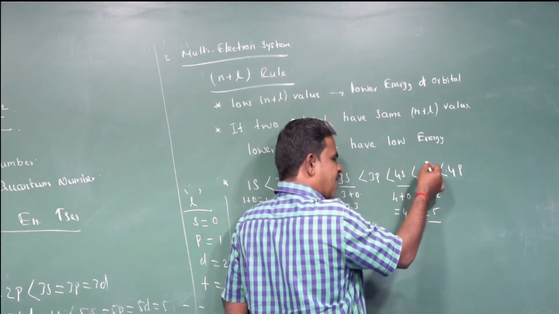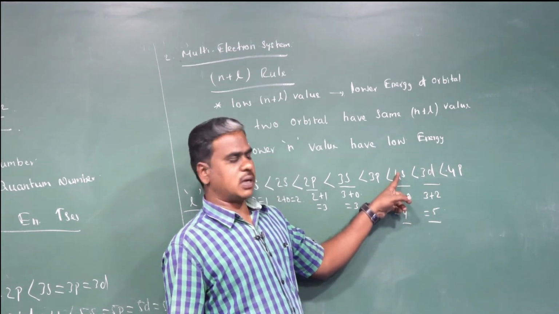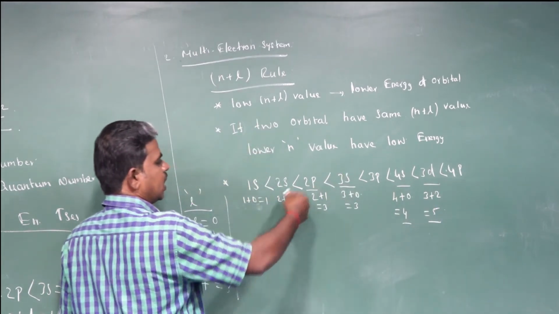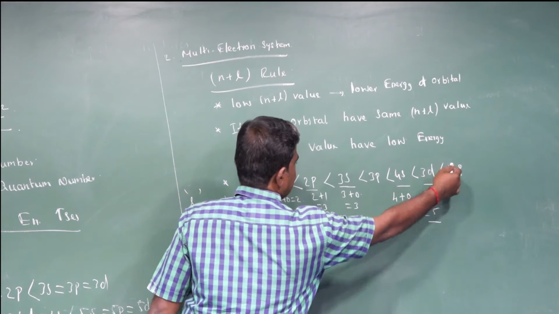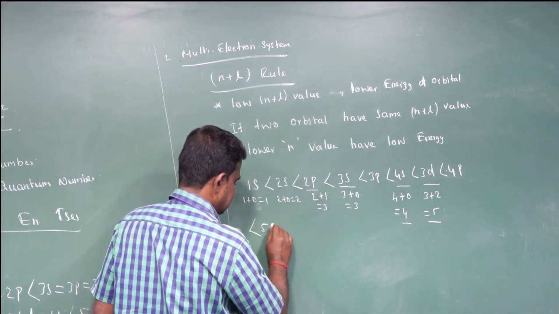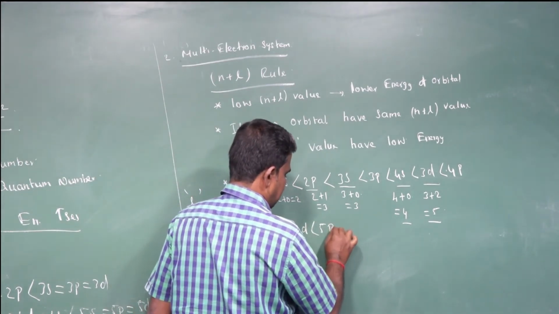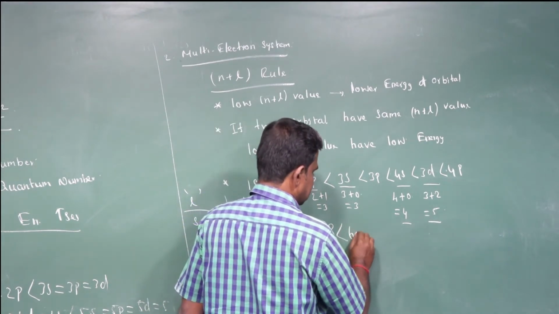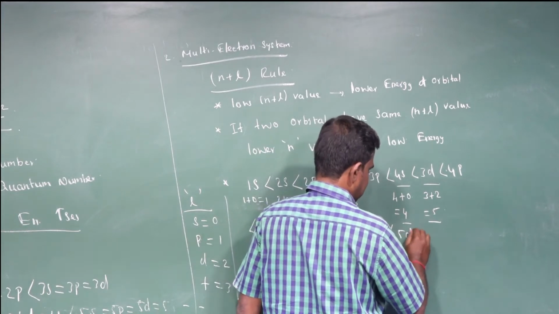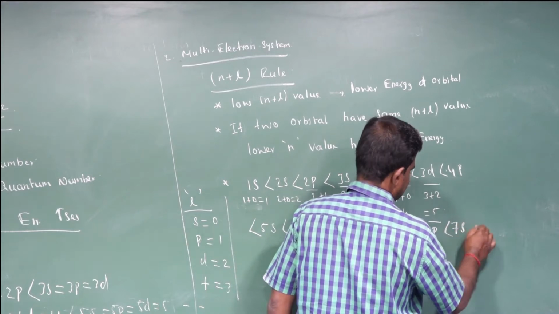So 4s comes before 3d, because the n plus l value for 4s is 4 and for 3d is 5. So it is 4s, 3d, 4p. After that it is 5s, 4d and 5p. And after that 6s, 4f, 5d, 6p and 7s.